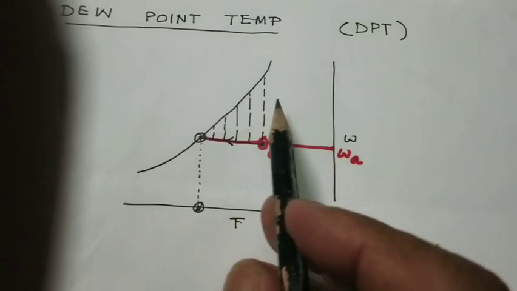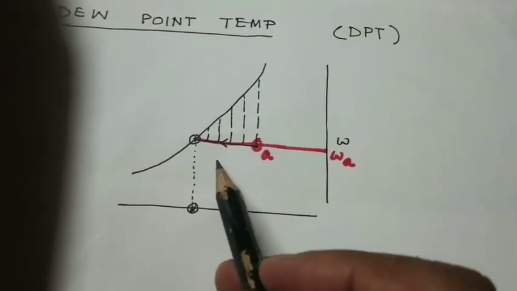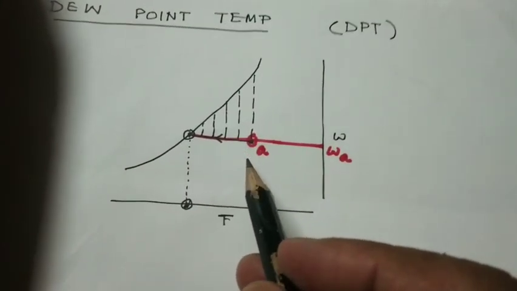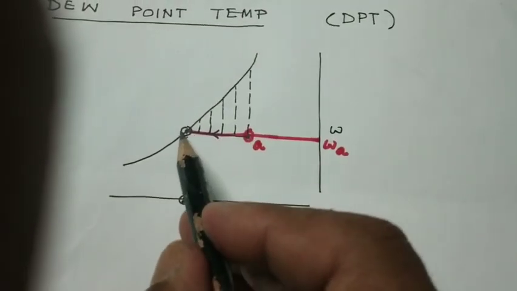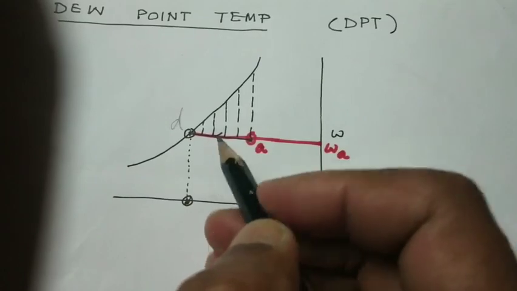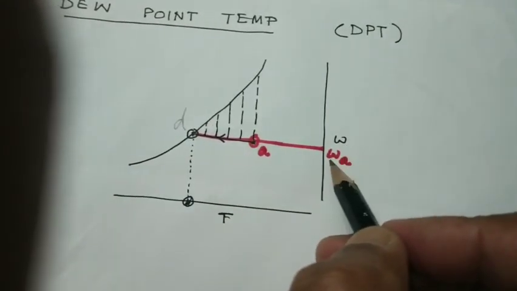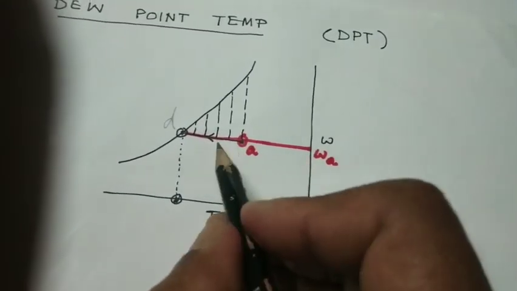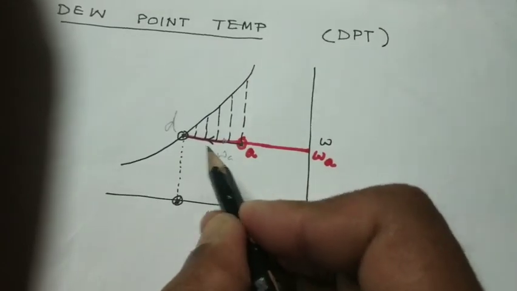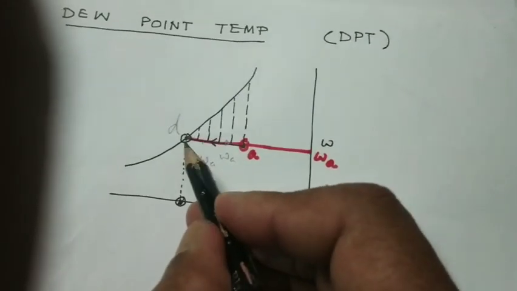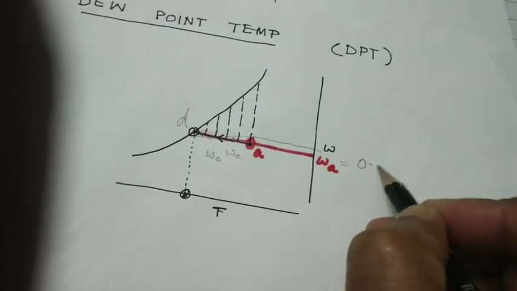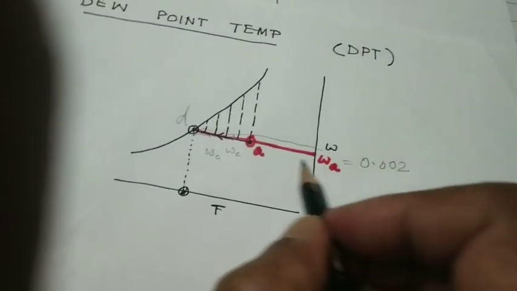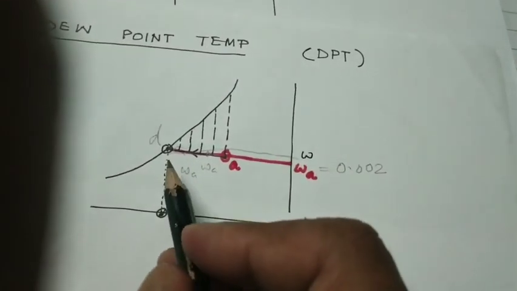From that jungle of arrows, I am just giving you a process in which A is changing towards D. And what is the peculiarity? That omega is the same. Here also it is omega A, here also it is omega A. Everywhere on this line, omega A, which was 0.002, is the same. The value is not changing.